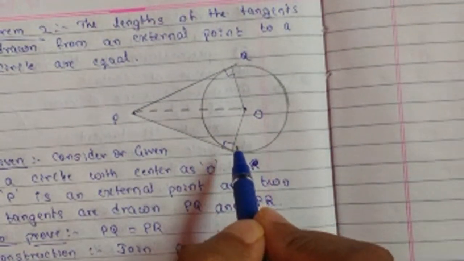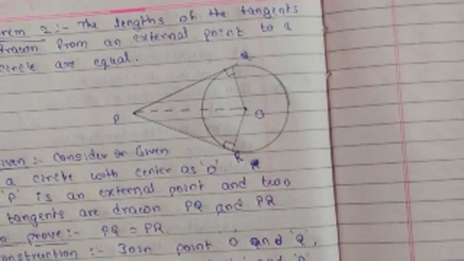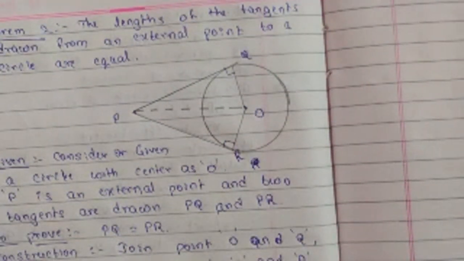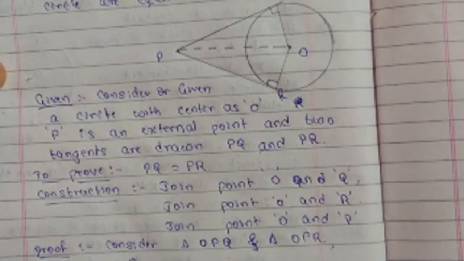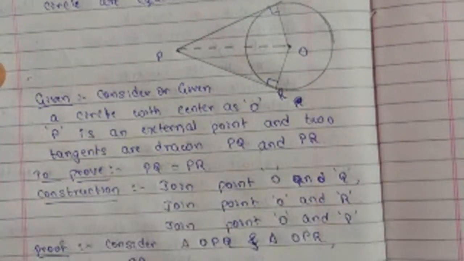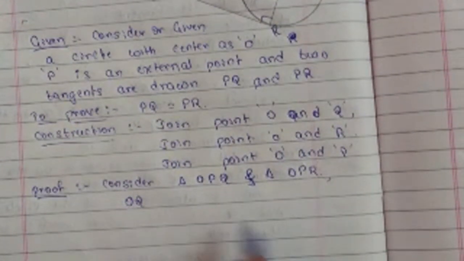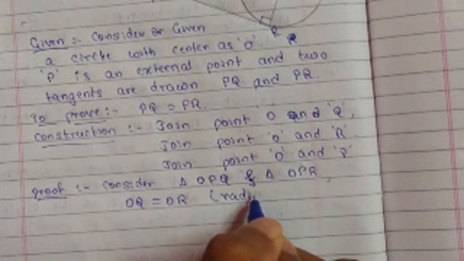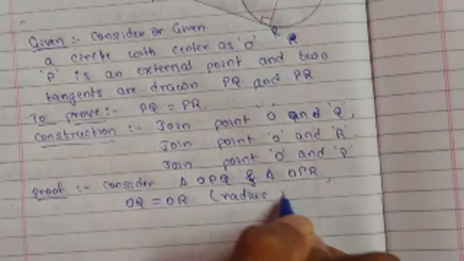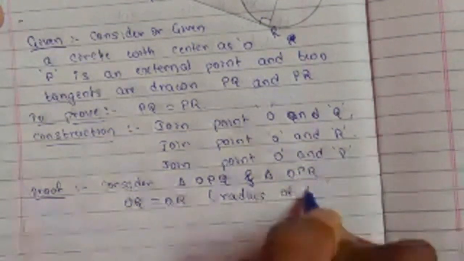From that we can write triangle OPQ is congruent to triangle OPR. First we will write OQ equals OR, because they are radii of the circle.